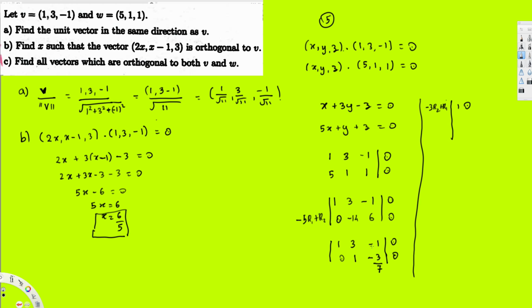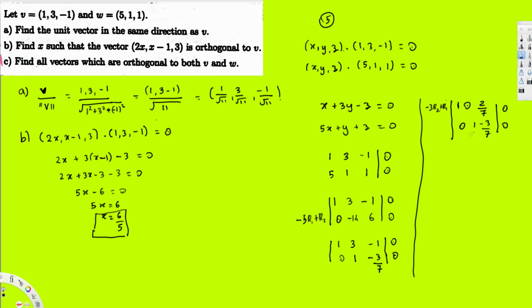Positive 9 over 7 minus 1. Minus 1 means minus 7 over 7, so 9 over 7 minus 7 over 7 is 2 over 7. And in the bottom it's going to be 0, 1, -3 over 7, equal to 0, 0.